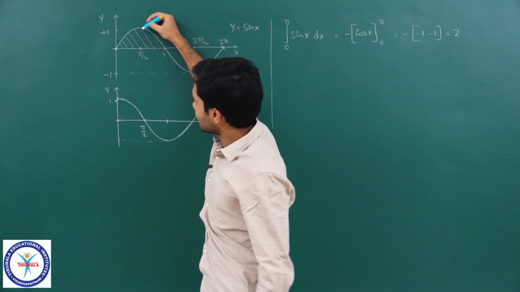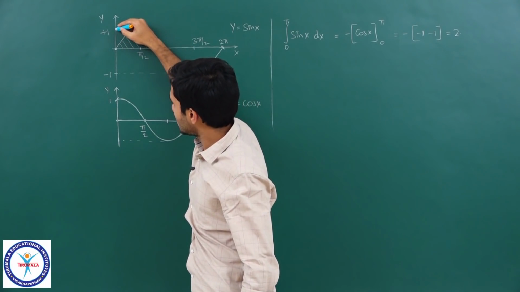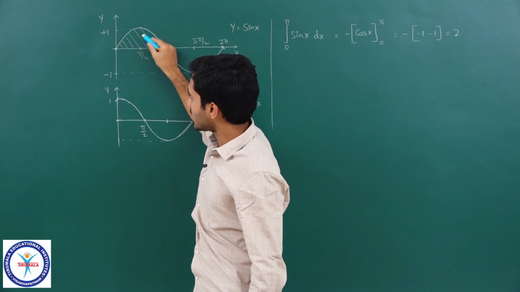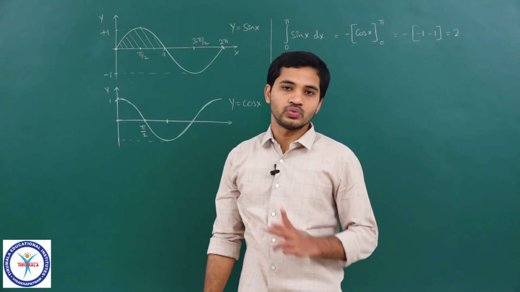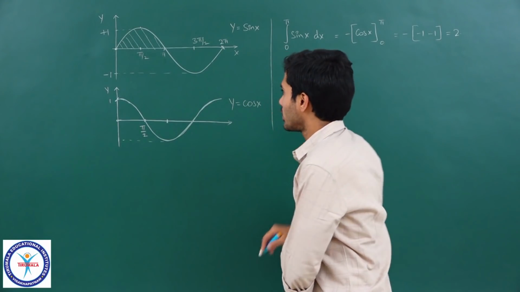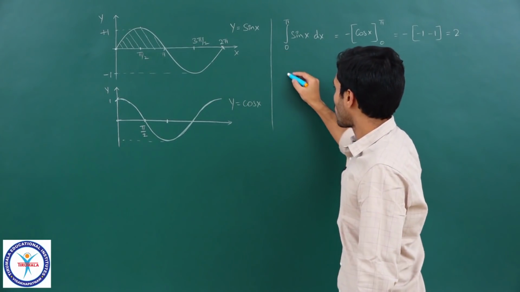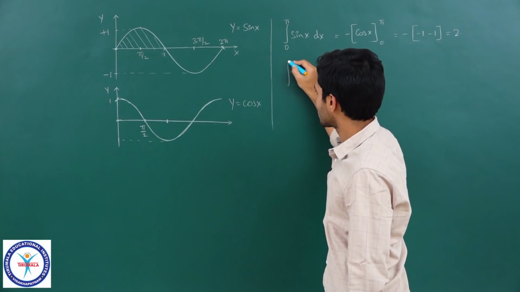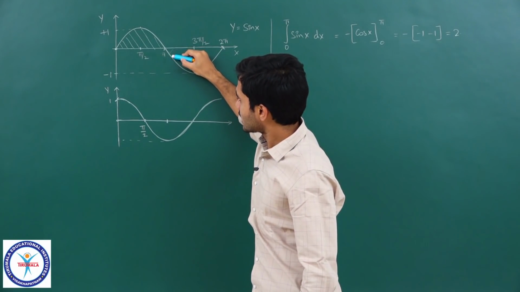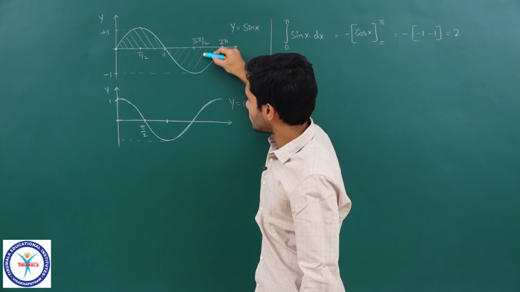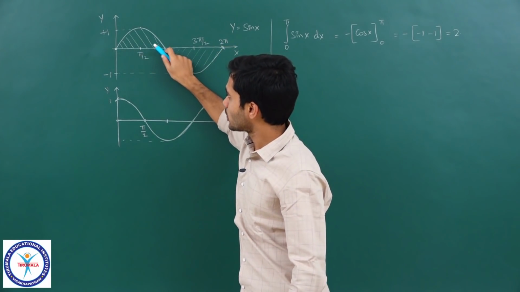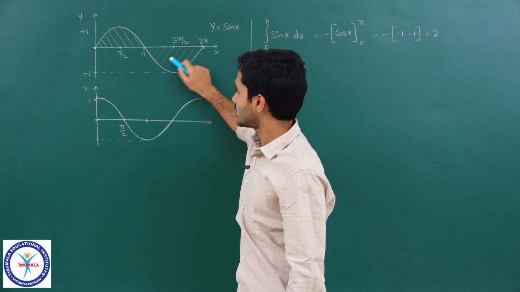Which means if the peak goes till 1, then this area will be equal to 2. Clear, students? Now, let us try to find out the whole area which I have shaded from 0 to pi, this area plus this area as well.